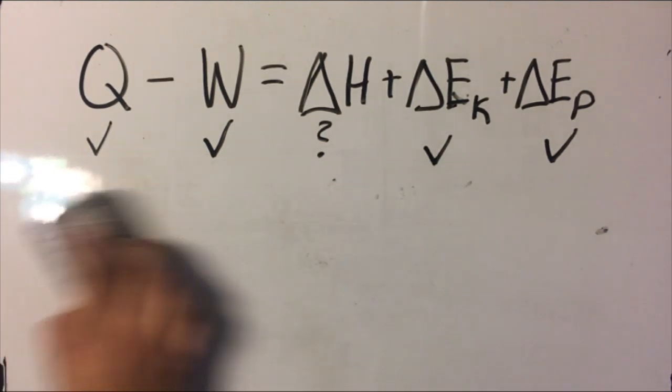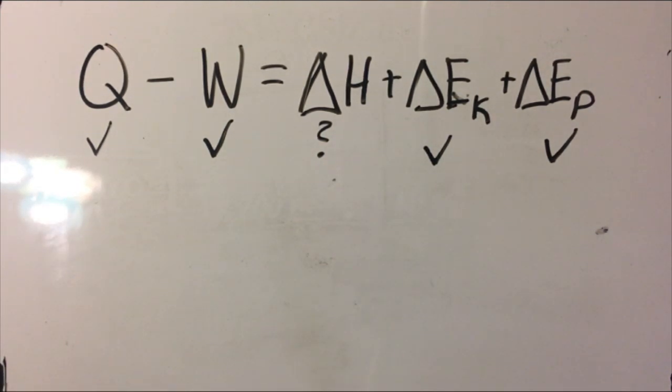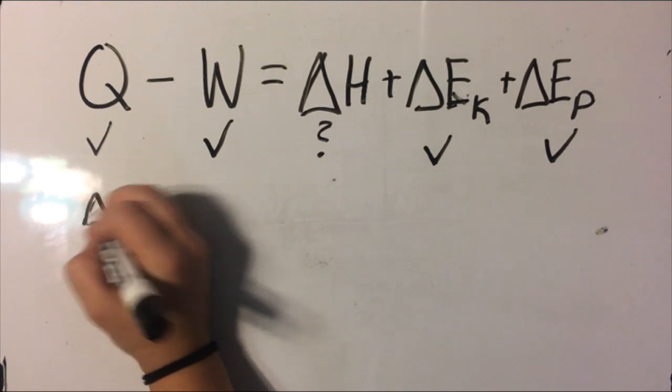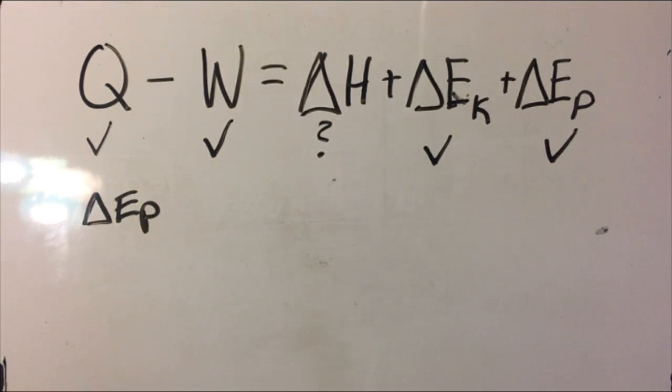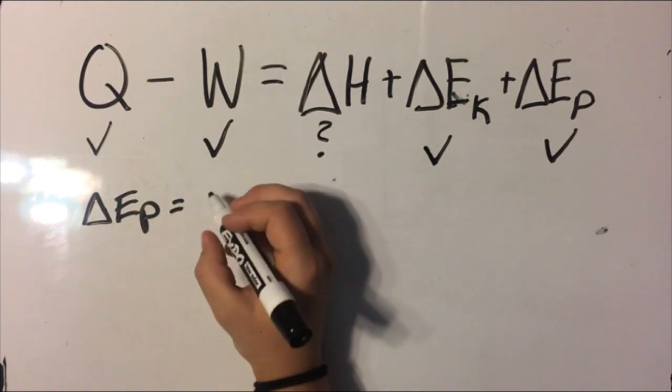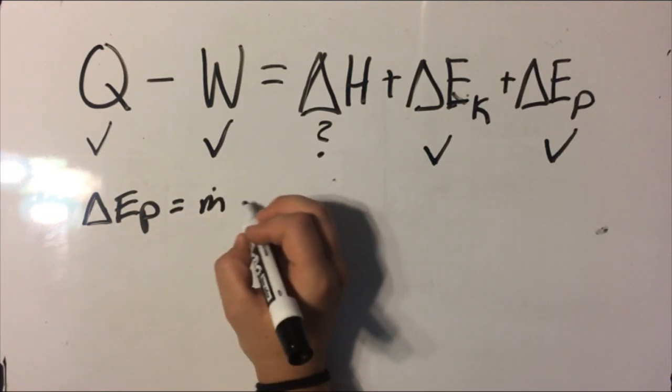Now we'll move on to calculating our change in potential energy. Again, the equation we would normally use, which includes mass, is mgh.